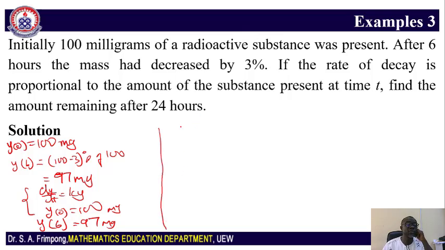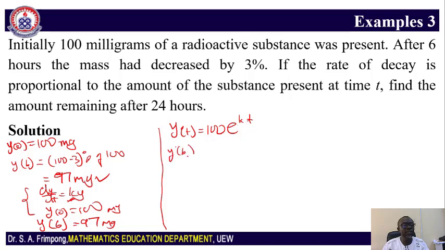We know that when you solve this, you are going to get y of t equal to y naught, which is 100, e raised to the power kt, because you are using k here. This is the decay. Now with the 6 here, we have been told that y of 6 is 97. So we put them in to get our k.